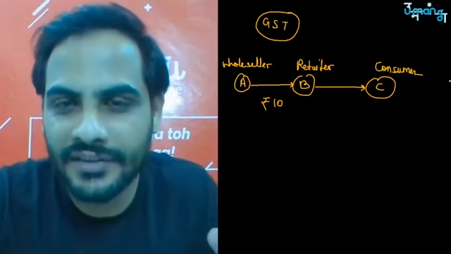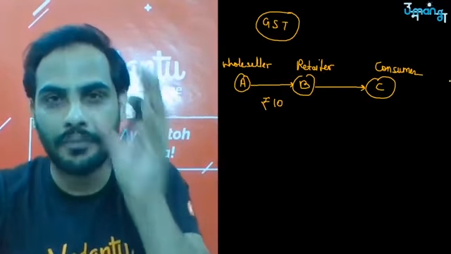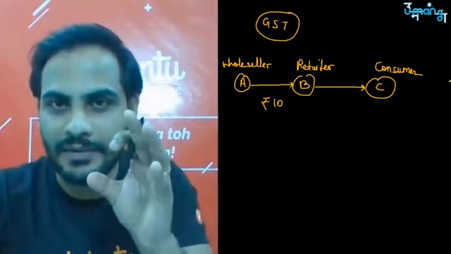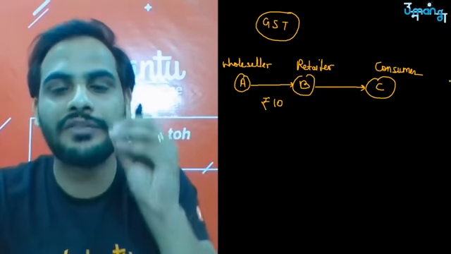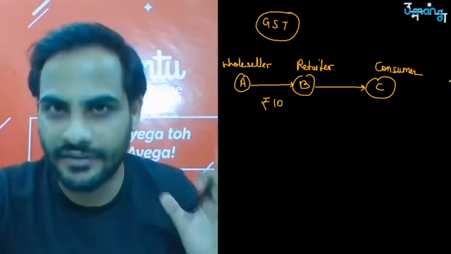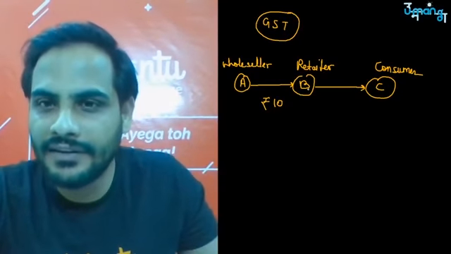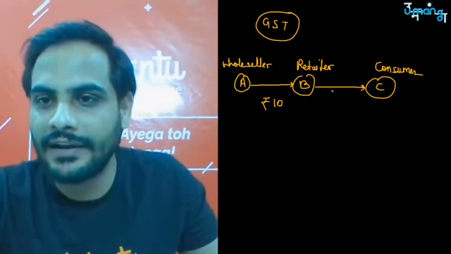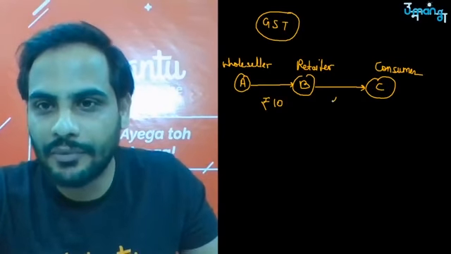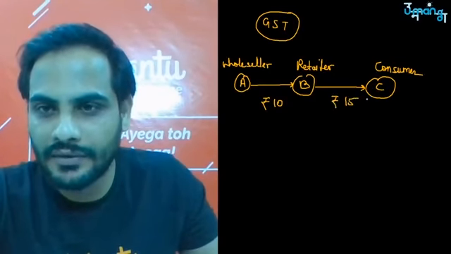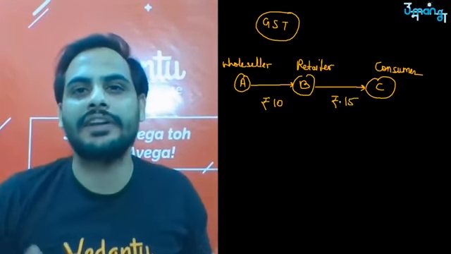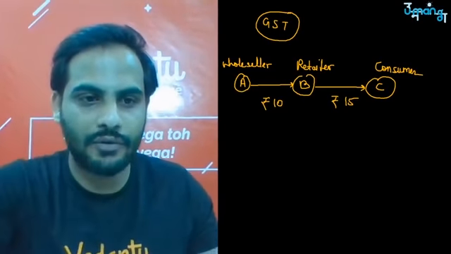So when B purchased from A, B gave rupees 10 as GST. And when B sold that same item to C, B got rupees 15 as GST, correct? So what is the order here?